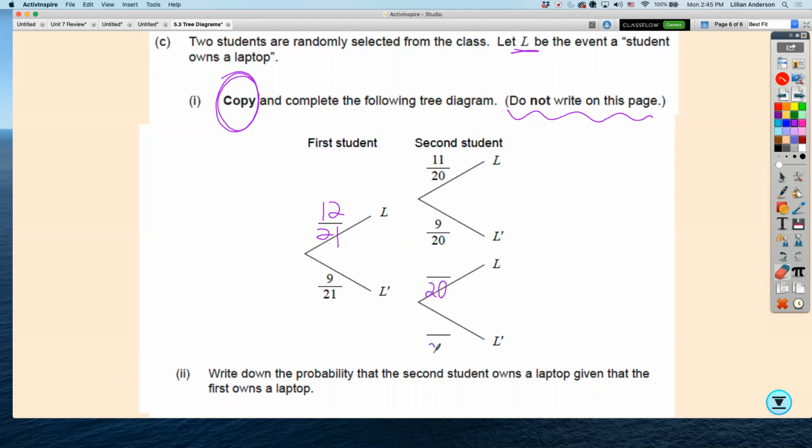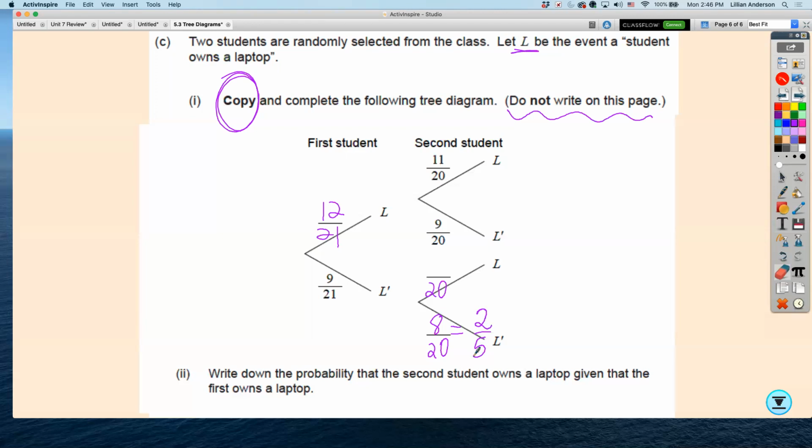If a student who does not own a laptop is picked, then how many students who do not own a laptop are left to be picked? 8. And what does 8 out of 20 reduce down to be? 2 over 5? Very good.